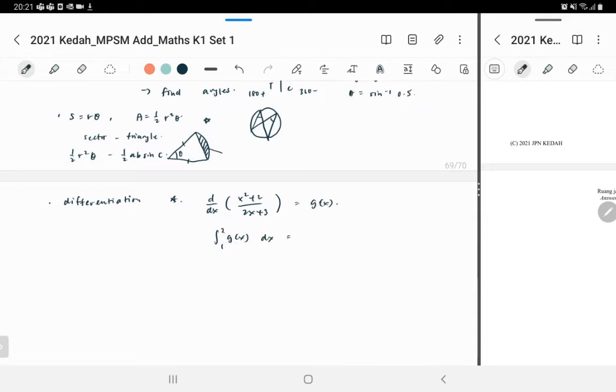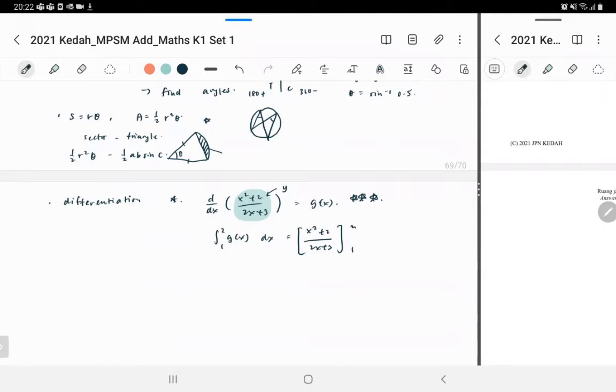In this case, you need to know that d over dx means this whole thing is actually y. So when you integrate g(x), you get back y, which means you need x squared plus 2 over 2x plus 3, this whole thing, from 1 to 2. This is quite popular this year. I will put a lot of stars here. It sounds like a lot of the states are doing the same question, so it may be a compulsory question coming out in Paper 1.